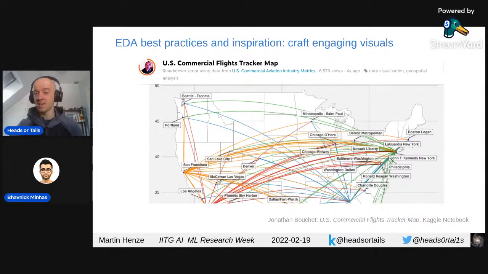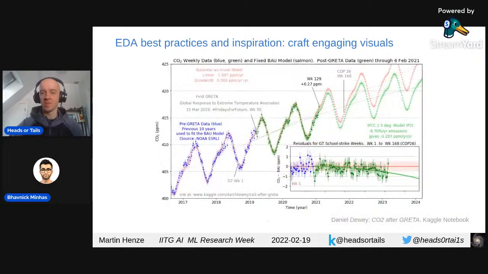So if you're crafting engaging visuals, you have a very strong mode of communicating. In a similar way, you sometimes find these kinds of visuals in underrated notebooks that wouldn't look out of place in a scientific article at all. In fact, I've read articles in Science or in Nature, high impact journals like this, where the visuals weren't nearly as well crafted.